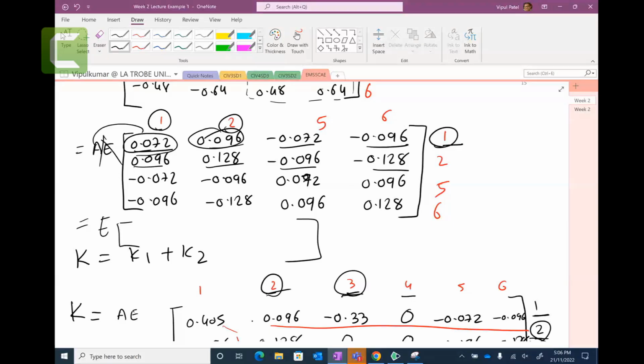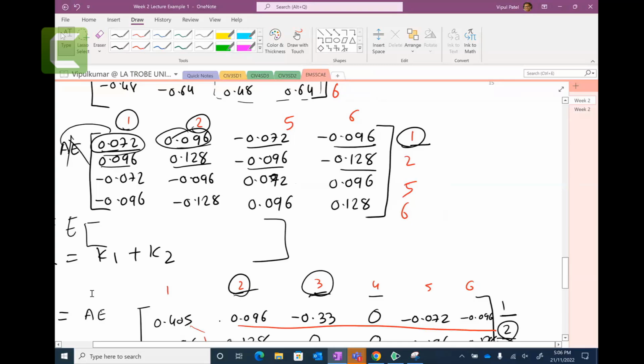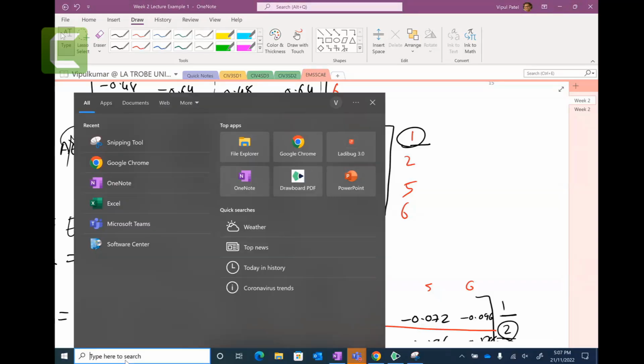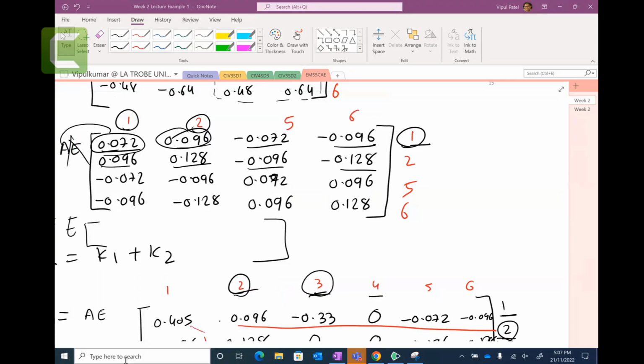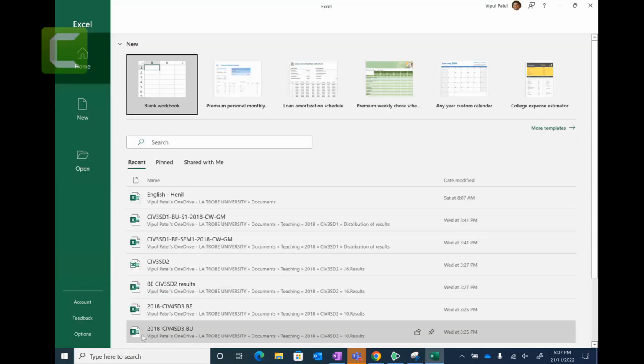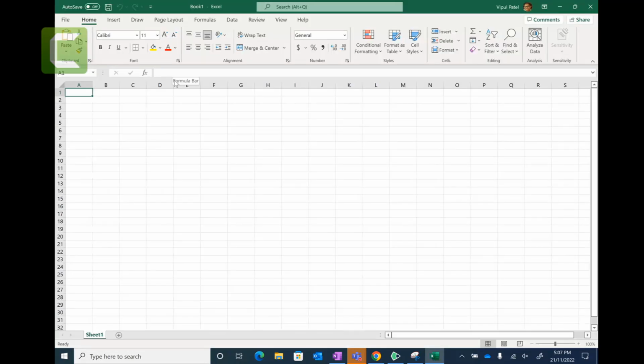So let's do the Excels. If you want to follow with me, we have another 20 minutes. I might go a bit quick, but we want to do the Excels. If you want, open the Excel, please. Whatever answers I am giving you here, it is possible by Excel because it is a computer-friendly method.